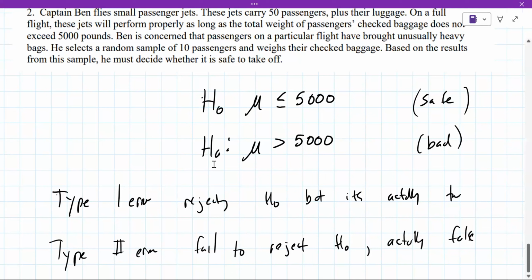They think the weight is safe, but it's actually not. Then it can't fly. Well, they don't know that though, right? They're thinking they're good.